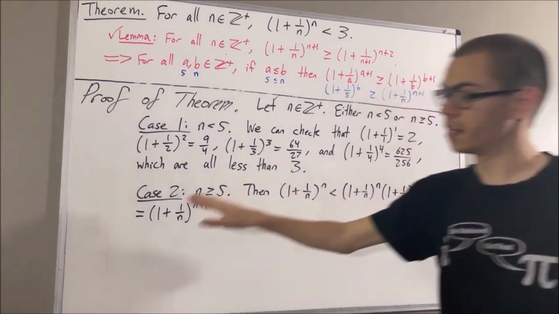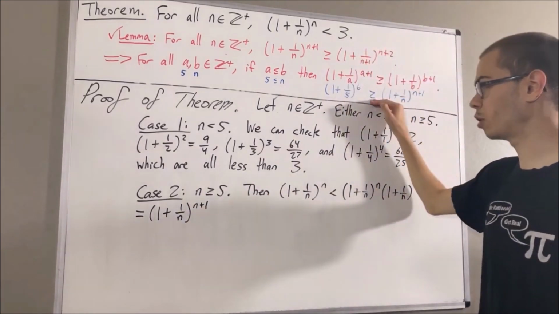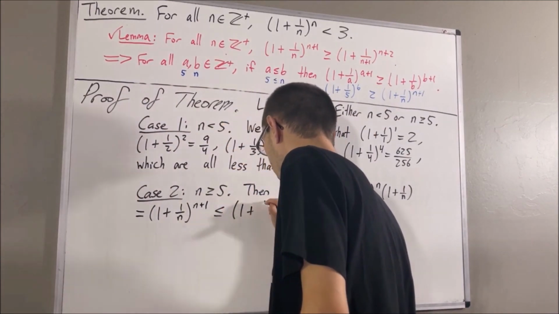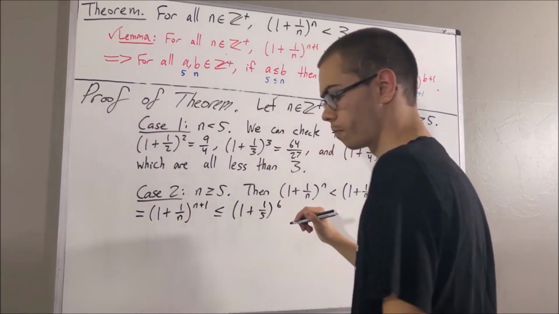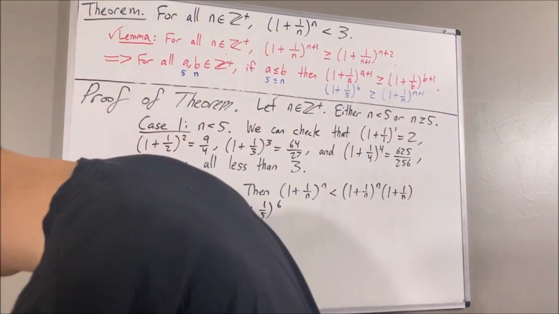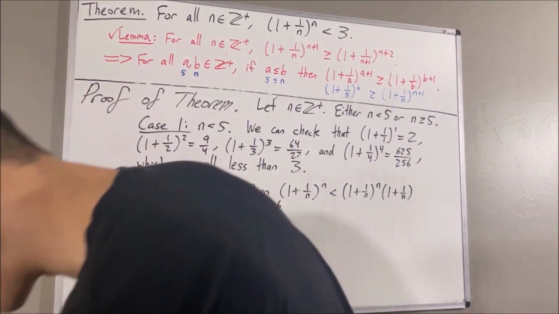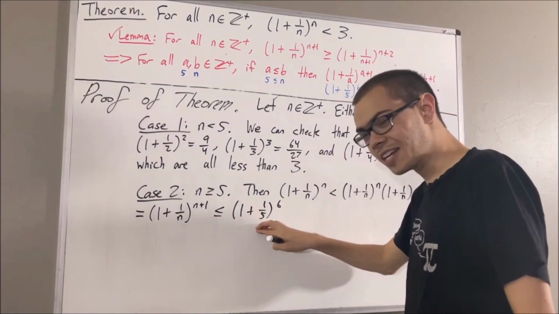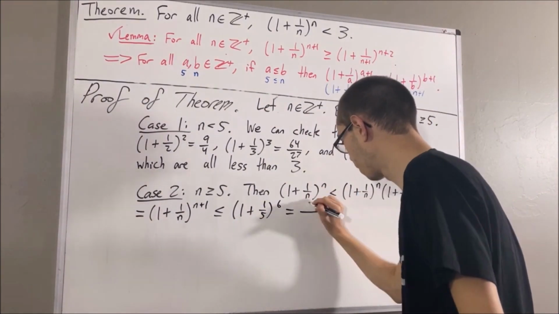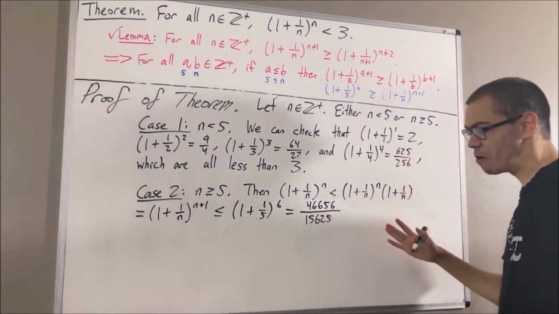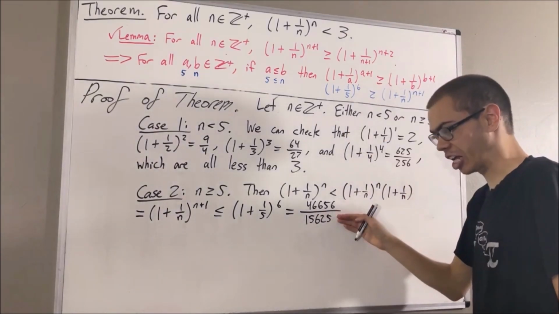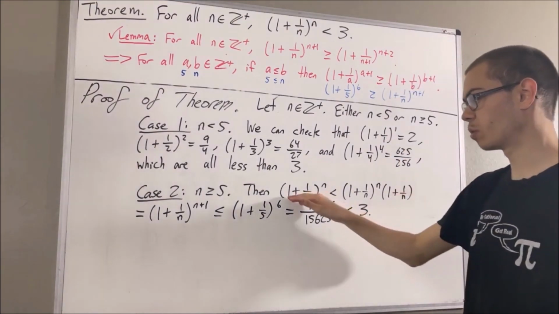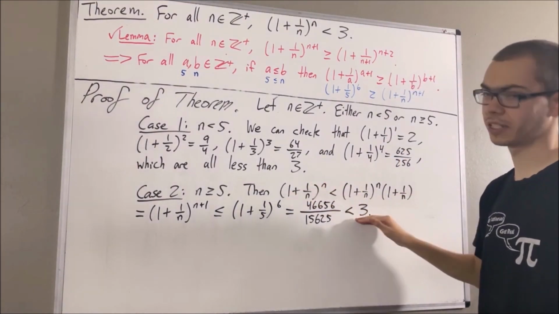And therefore, this guy is less than or equal to 1 plus 1 over 5 to the power of 6. And we can check explicitly that this is equal to its value, and of course, this guy is less than 3. And so we have shown that 1 plus 1 over n to the power of n is less than 3.